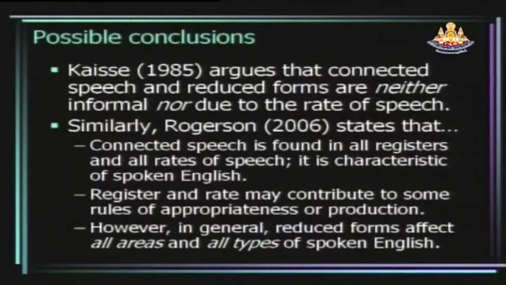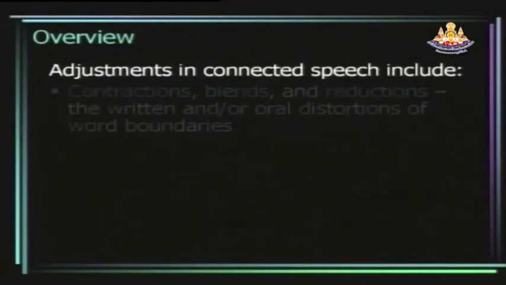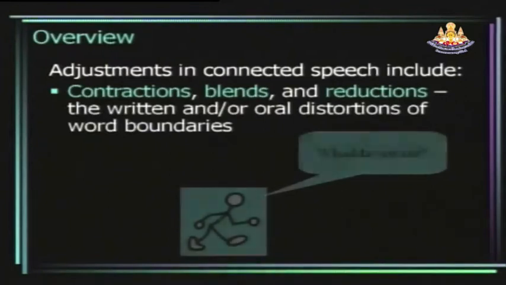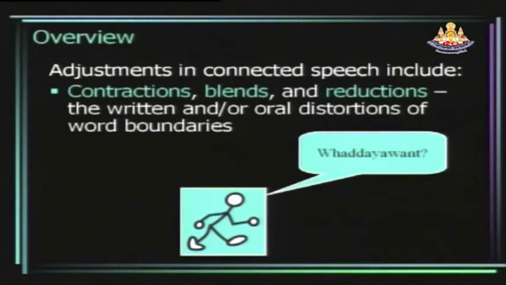Let's look at some of the terminology that I'm going to be using in today's lecture. Let's start with contractions, blends, and reductions. These are all very, very similar. The only difference is whether they are written or only spoken. You all, I'm sure, know what a contraction is.